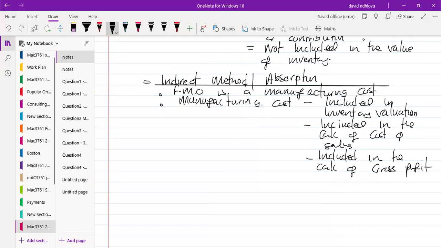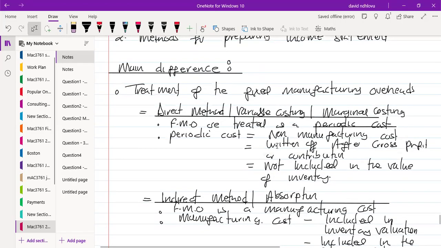So in your income statement, it will appear before you compile the gross profit calculation. If it is a periodic cost, it means you only account for it after you already have your gross profit. So this is the main difference between the direct method and the indirect method.